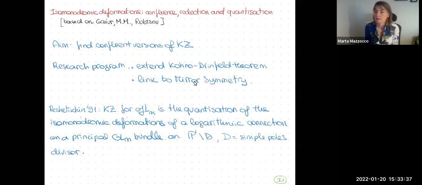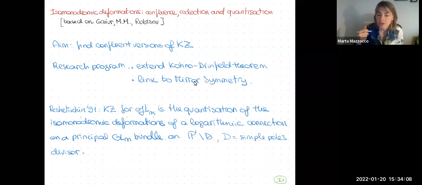So, as I said, this fits into a bit of a wider research program. In fact, I will explain what standard KZ is and what confluent is. But for the standard KZ, there is a theorem of Cohn and Drinfeld that says the monodromy of this equation is actually expressed by a certain action of the braid group, a quantum action of the braid group.